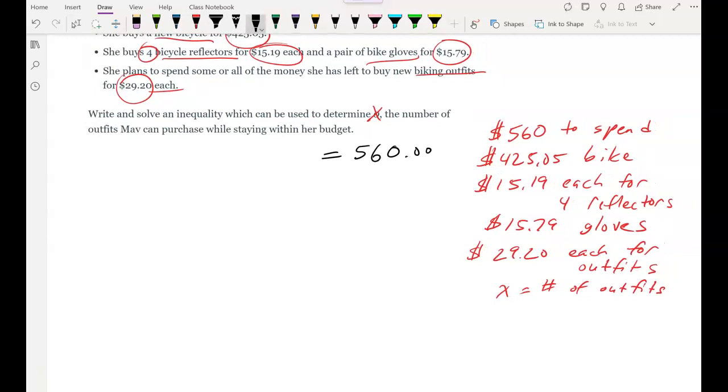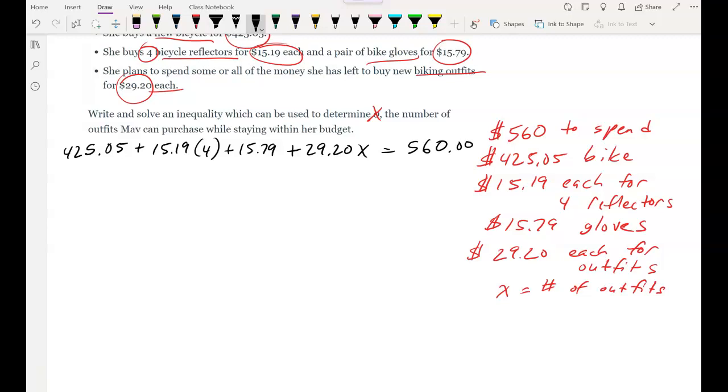She's going to buy a bicycle for $425.05, plus $15.19 times 4 for the reflectors, plus $15.79 for gloves, plus those new outfits, $29.20 each, but we don't know how many, so we multiply that by x, our variable, and that's going to equal $560.